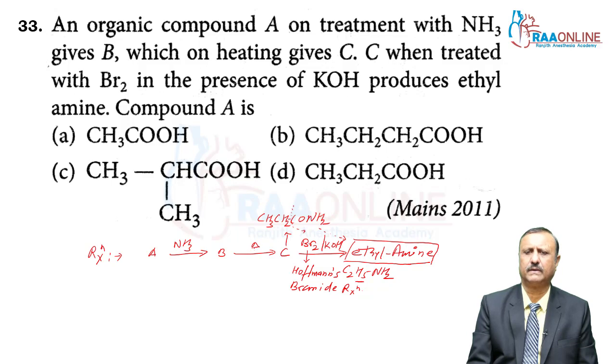Now this amide is obtained by heating the B compound, and this B compound is formed by the reaction of A with ammonia. Here 3 carbon atoms are present, so this acid must have 3 carbon atoms, meaning it is CH3CH2COOH, propanoic acid.